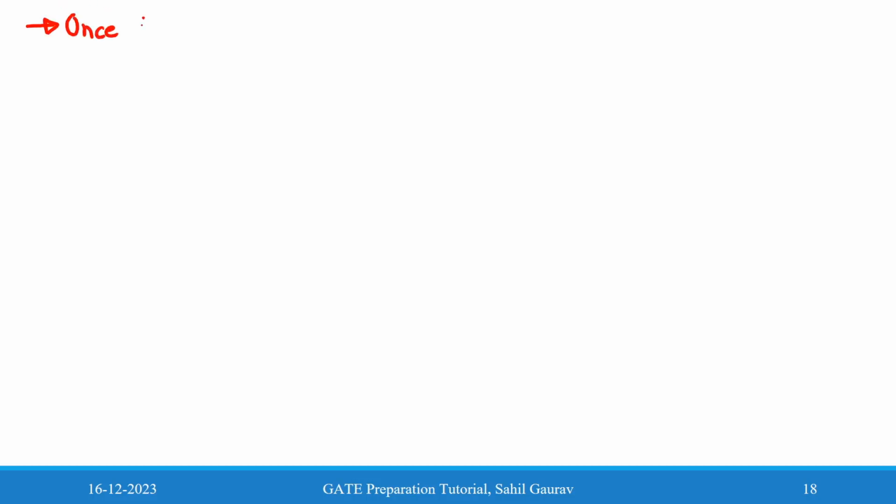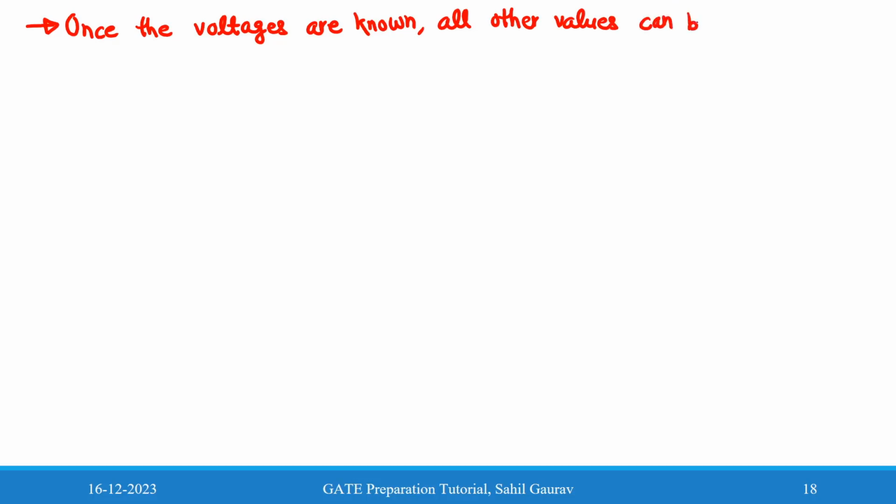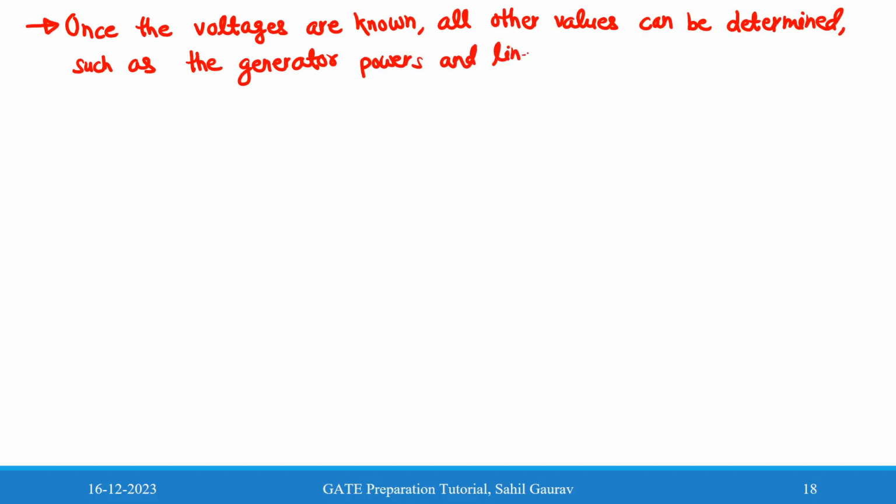Once the voltages are known, all other values can be determined, such as the generator powers and line flows.